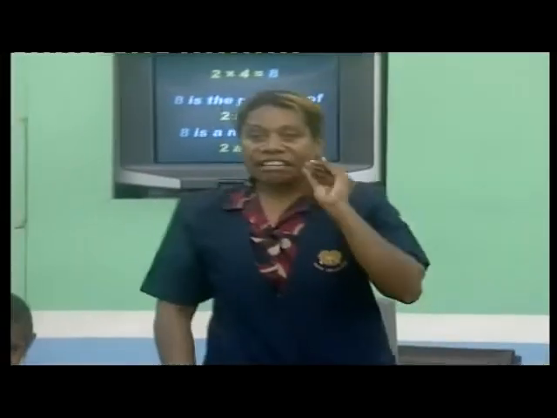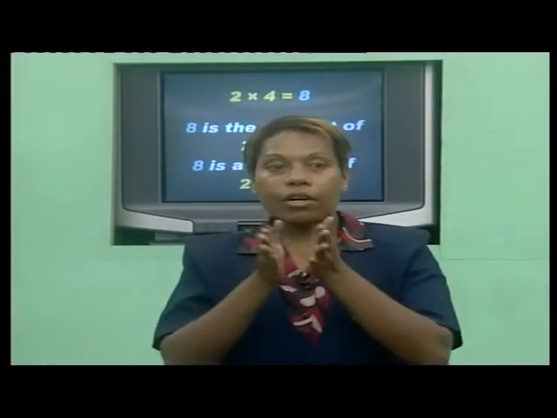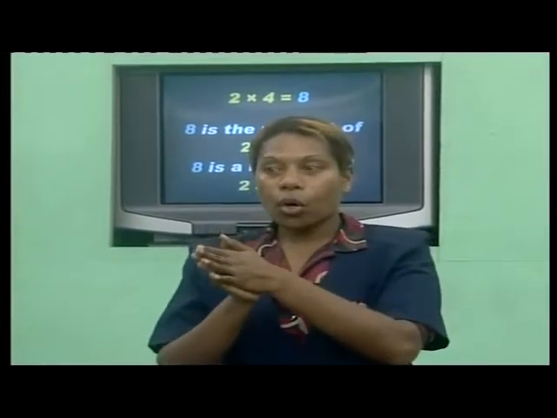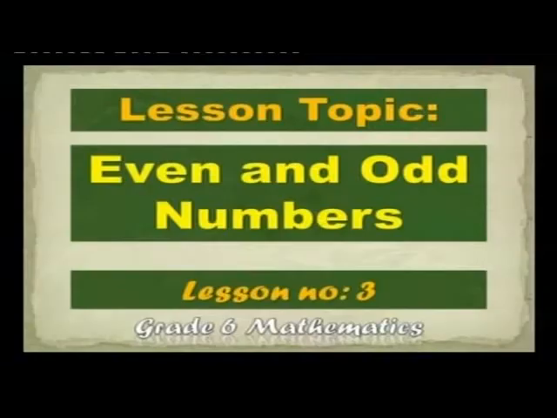All right. Numbers that are evenly paired, evenly put together, and numbers that are not evenly put together, they are called even and odd numbers, all right? Even and odd numbers.